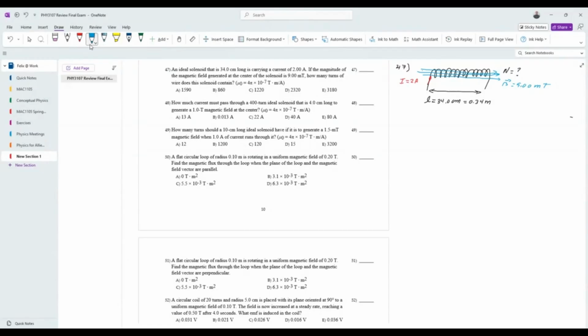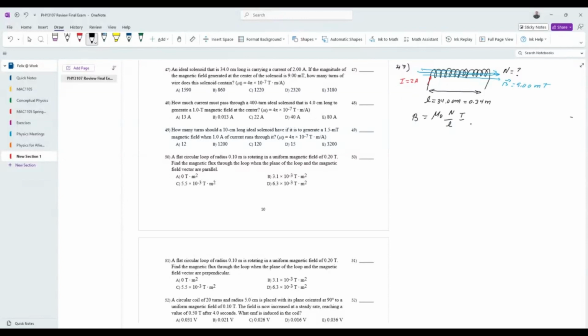So this magnetic field in a solenoid can be calculated like mu sub 0 times n over L times I. Where I is the current, n the number of turns, L is the length, mu sub 0 is the constant, and B is the field in the inner part of the solenoid, the center of the solenoid.